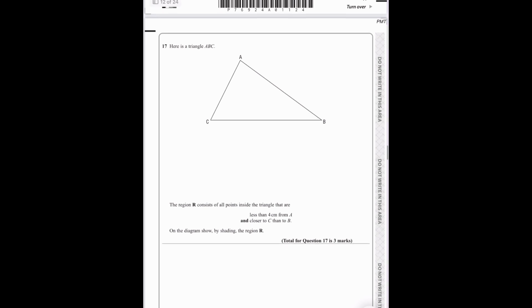Number 17. Here is a triangle ABC. The region R consists of all the points inside the triangle that are less than 4 centimetres from A. So we put the point of our compass on A and we set it to 4 centimetres and we draw an arc.